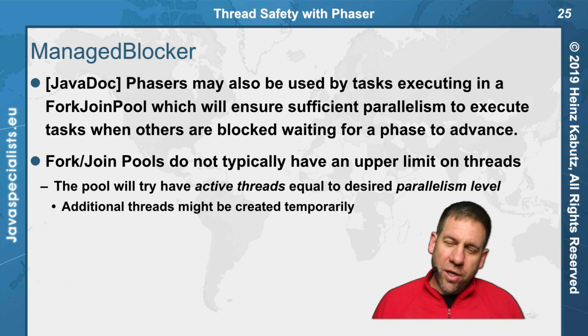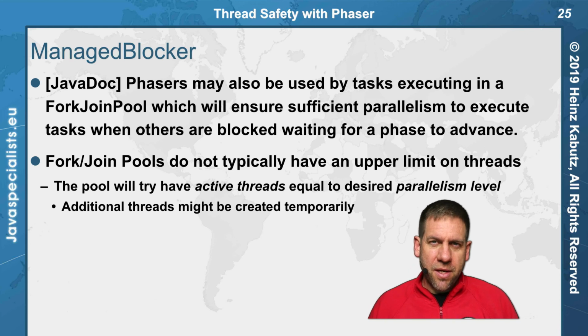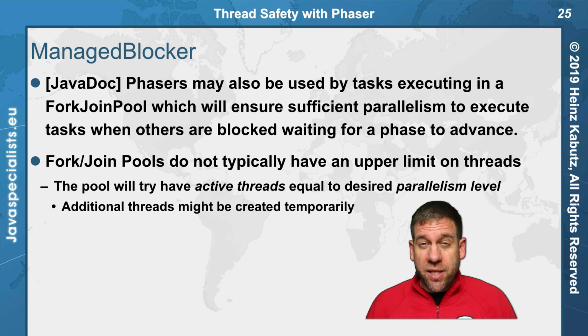Things tend to work okay-ish because in Java, they by default use the number of hardware threads as a basis for the number of threads inside your pool. So in my machine that I'm using here, I've got 6 hardware cores, and each of them has 2 hyperthreads.